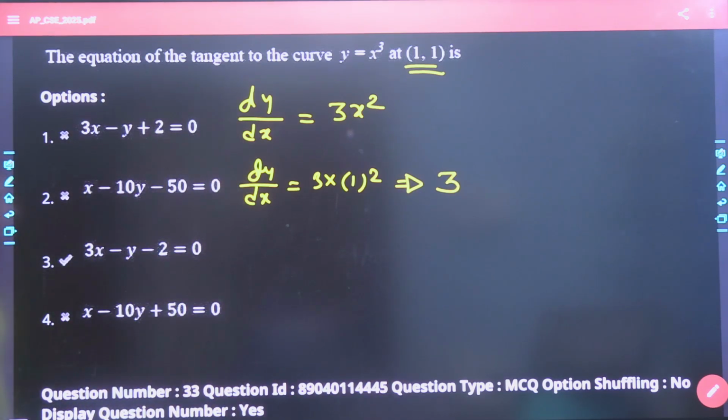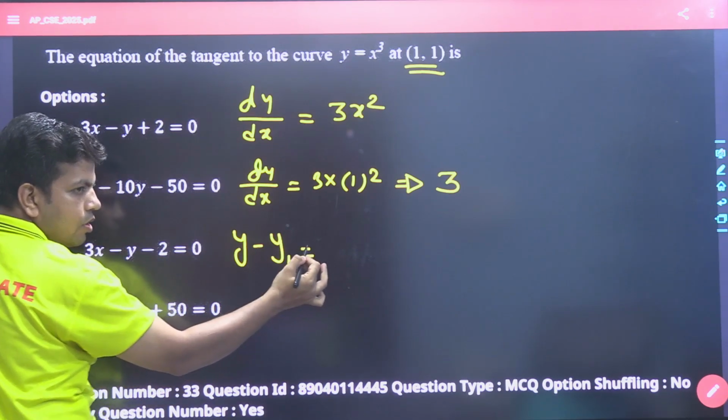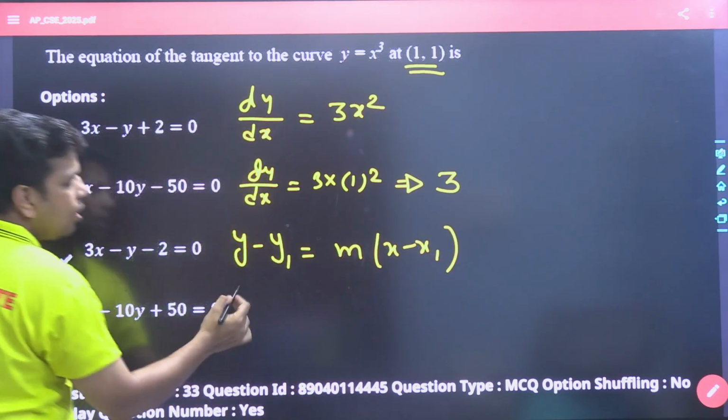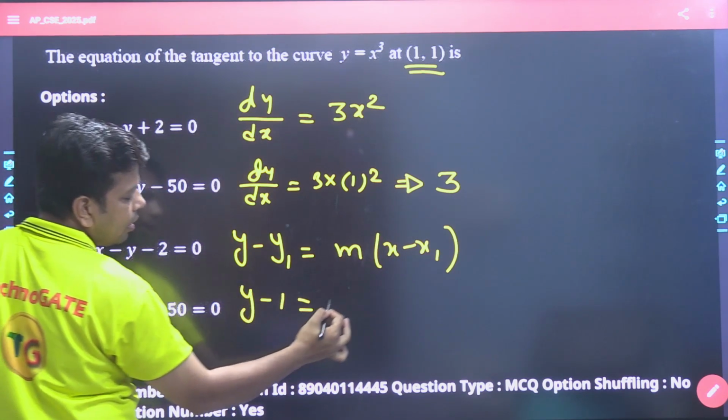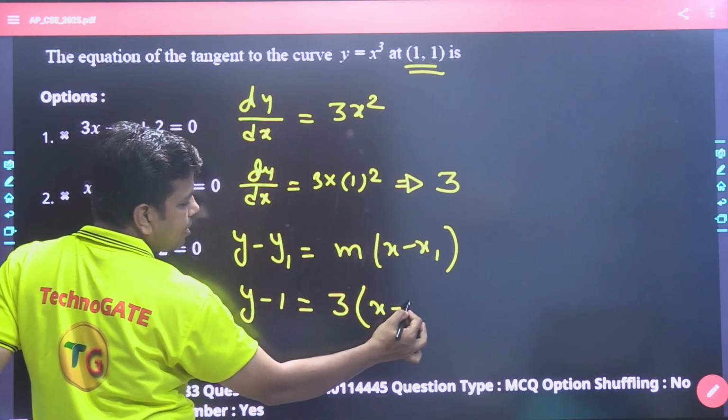Okay, so now the slope is what? y minus y1 equals m into x minus x1. So y minus y1, where m, the slope of tangent, is 3, times x minus x1.